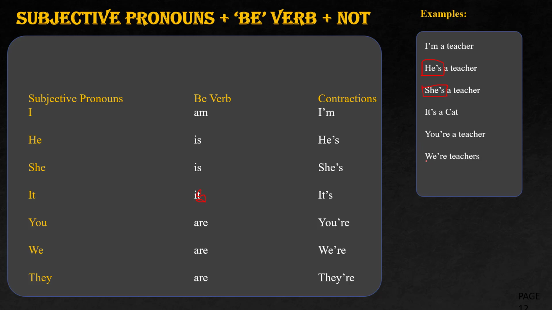Then we are teachers. Now here, when it comes to plural form, we add s for a singular noun, then we remove a, it becomes we are teachers. Again, they represents plural form, then it's they're teachers, right?